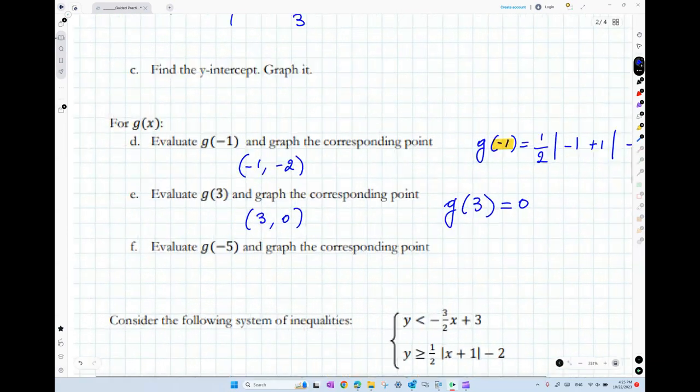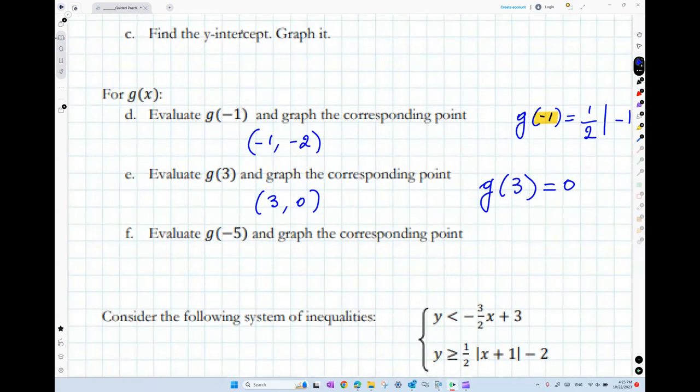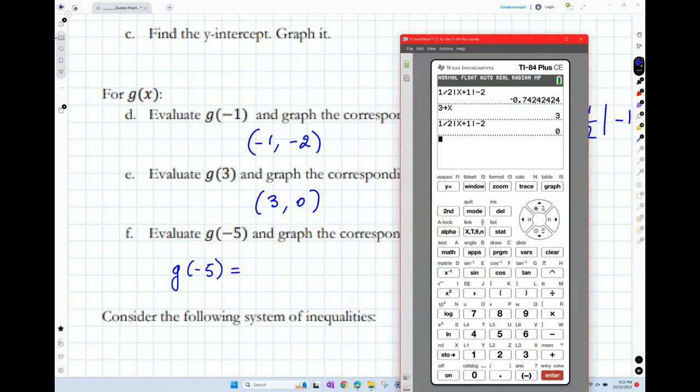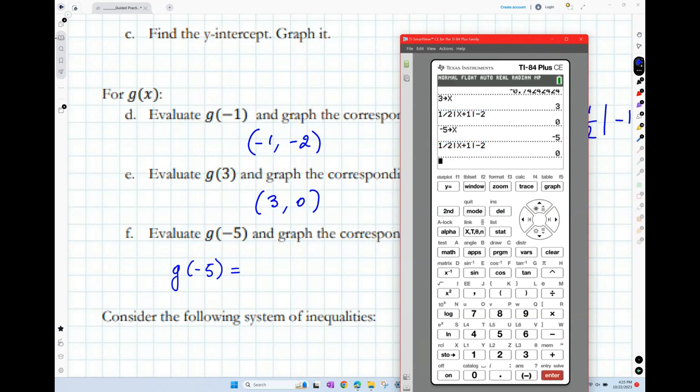And finally, g of negative 5 would be equal to. If you have been using the calculator, the only thing you need to do is to store negative 5 into x, scroll back up using the up arrow, and when you press enter, you'll have 0 also.